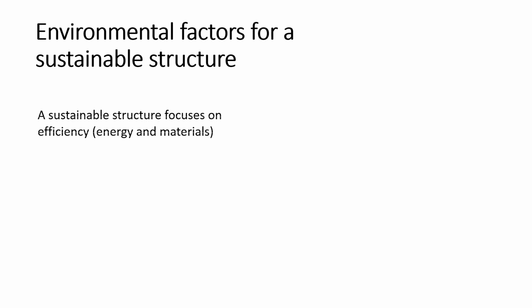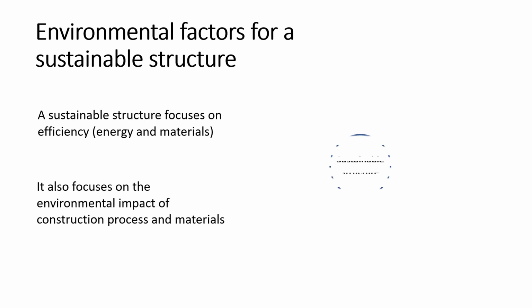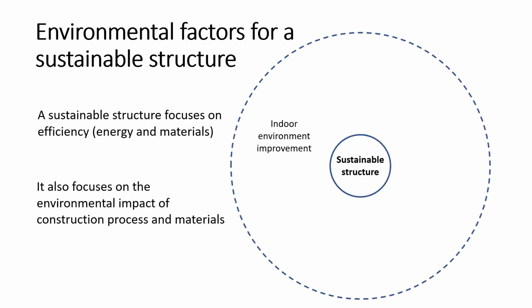Now, environmental factor. When we talk about environment, we talk about indoor environment improvement, like the indoor air quality and the water facilities and so on. All the materials that we use should have low embodied energy or carbon.